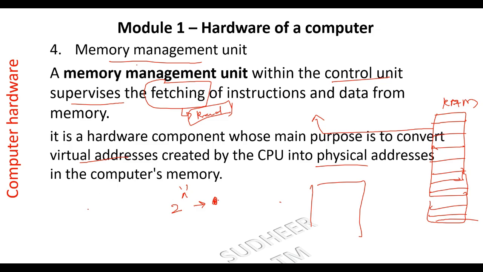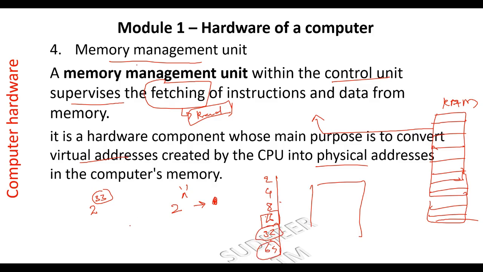Suppose my memory address lines are 32 or 33 in number. So 2, 4, 8, 16, 32, 64. These powers of 2 are the standard. So memory units are available with 16 address lines, 32 address lines, or 64 address lines.